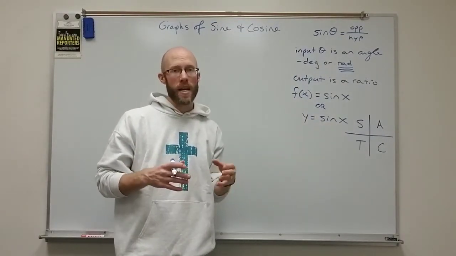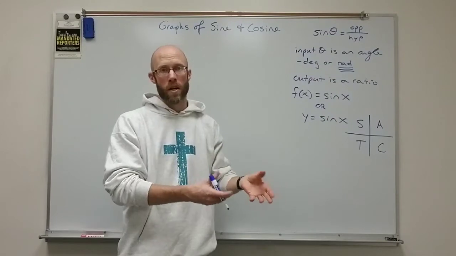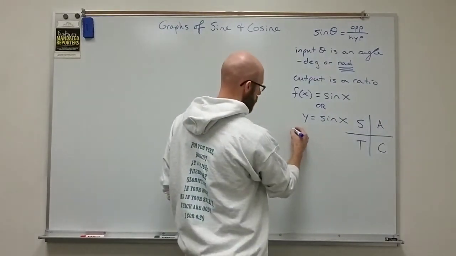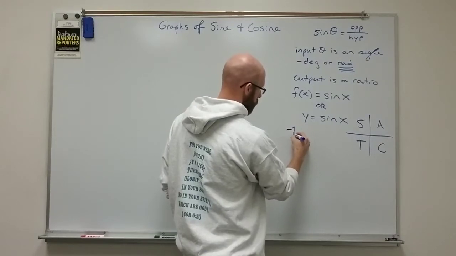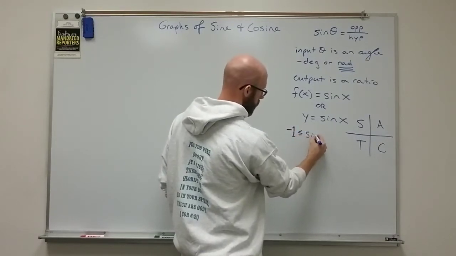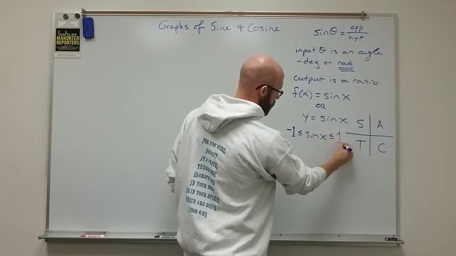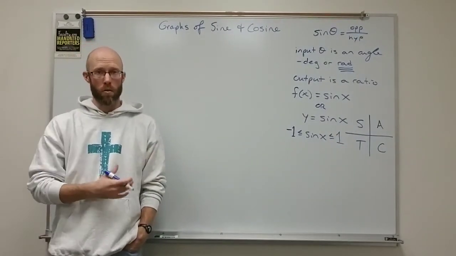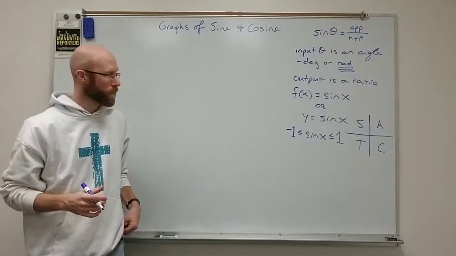Right? We talked about that. It never gets bigger than 1 and it never gets smaller than -1. So the value of the sine is always between -1 and 1, always. It could be 1 or -1, but it can't go beyond those.